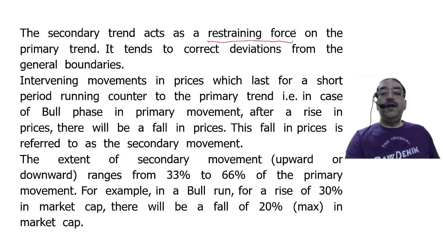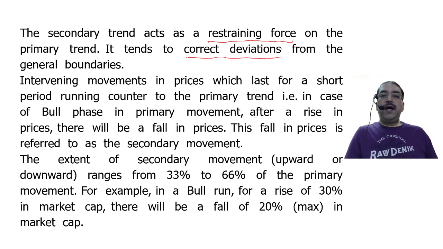It tends to correct deviations. That means sometimes people are in a particular mode of going on buying. One person is buying, the other person is also buying, the third person is also buying. Because you are buying, I am also buying. That mentality goes on increasing every day. But that is not the actual correct value of the stock, so there must be some correction.